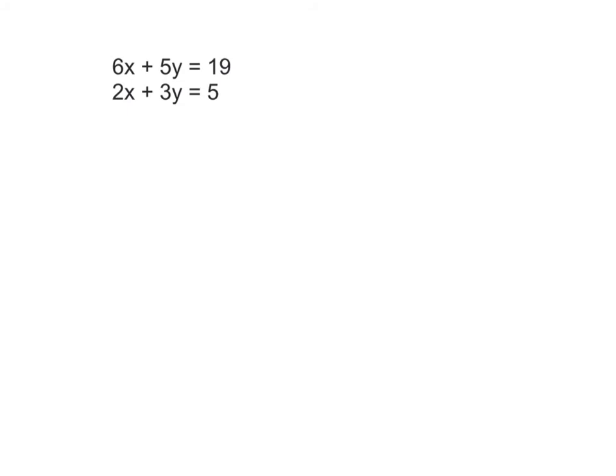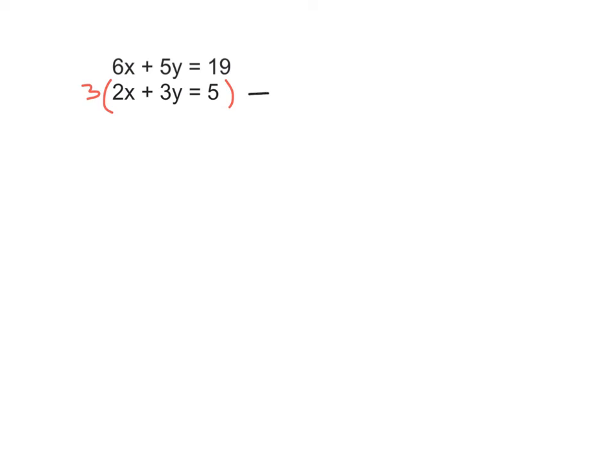Well, if you answered we should multiply the bottom equation by 3, that is what I would do. If we multiply this bottom equation, every single term, by 3, you will find out that this will be 6x, which will match that 6x right there.